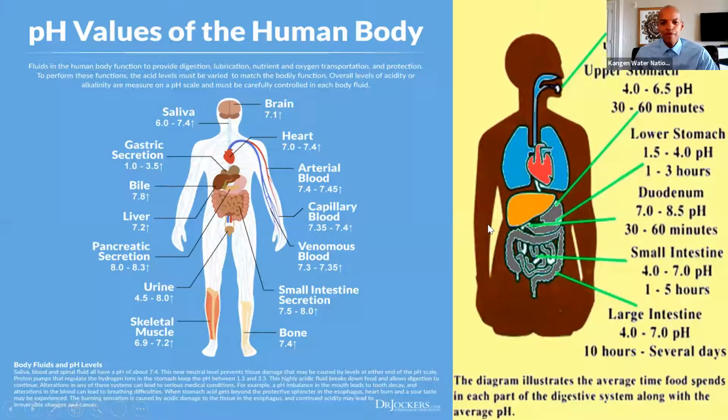So here's a reminder as I close out and begin to take questions. The body is not alkaline. There's so much rhetoric out there that says the body is alkaline. Eat alkaline foods, drink alkaline water, drink alkaline beverages, you'll be healthy. It's not quite accurate.